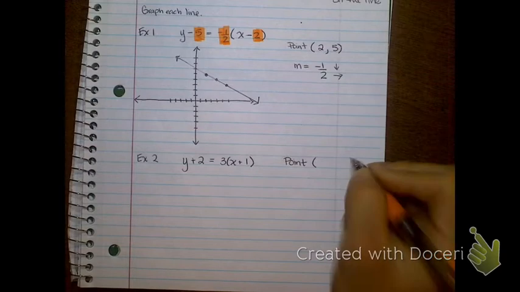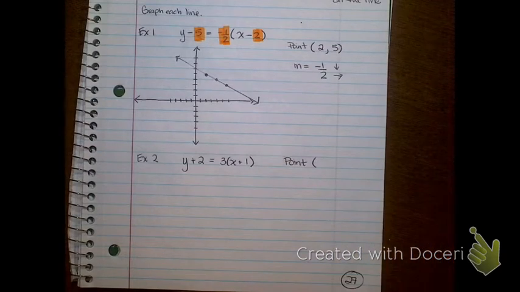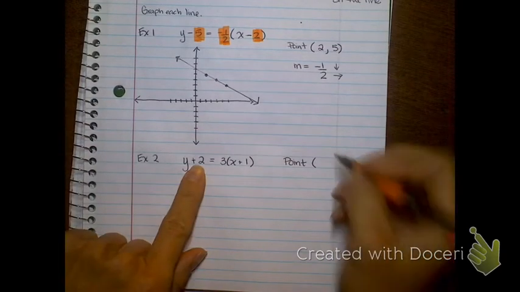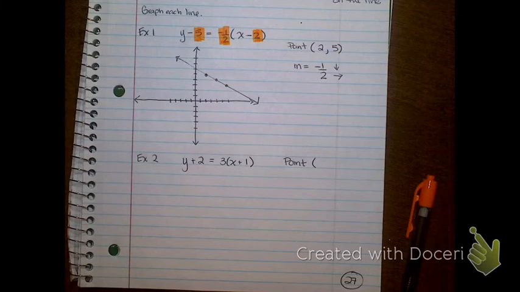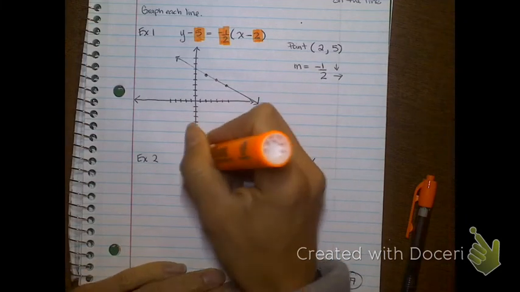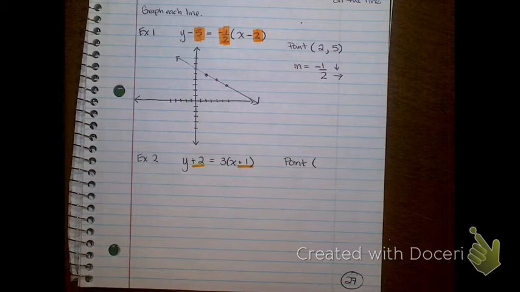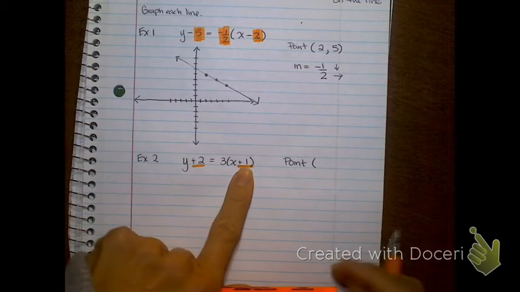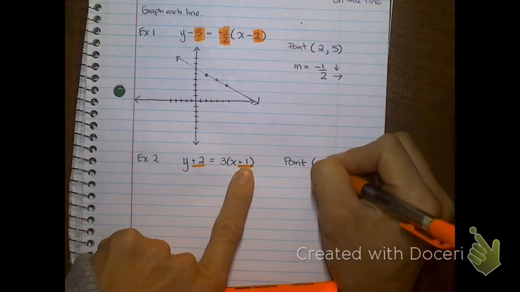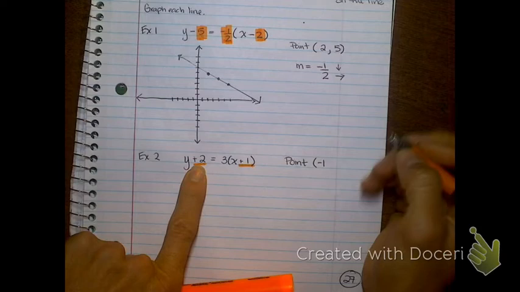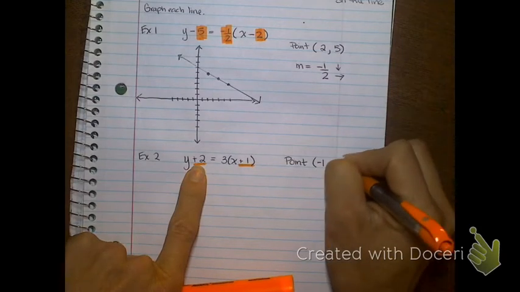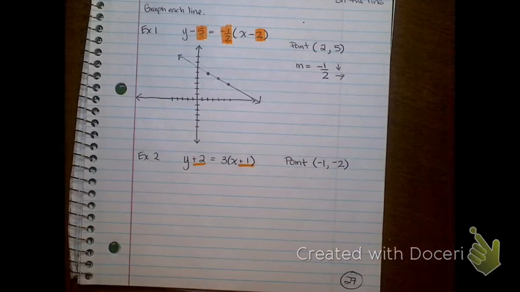Now remember in the last problem I said we were taking the opposite. So look at where your x and your y values are. You're going to take the opposite of what these are. So what is the opposite of 1? -1. What is the opposite of 2? -2. So there's your point.